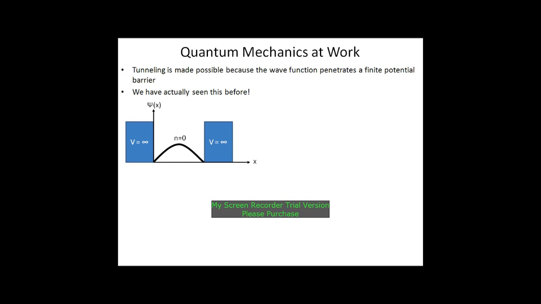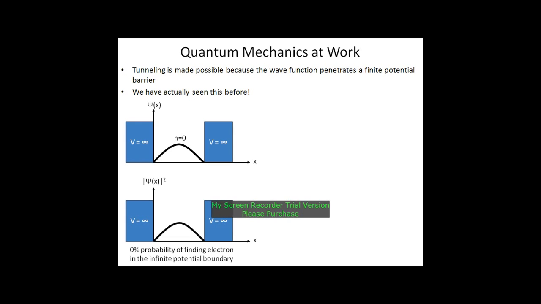You see that the wave function does not penetrate these infinite potential walls, and the value of the wave function at the boundaries is 0. If we square the wave function, that gives us the probability of finding the electron in a specific location. And inside of these infinite potential boundaries, the probability of finding the electron is 0.